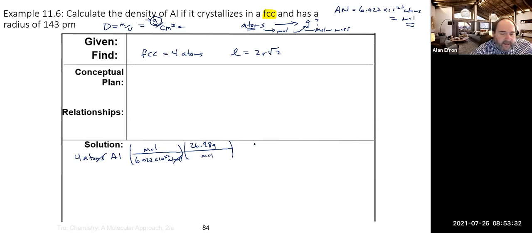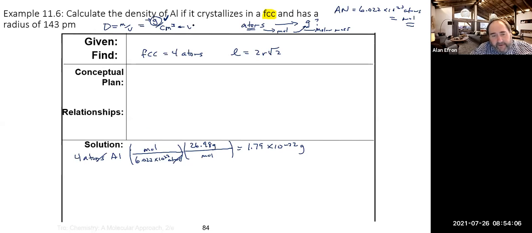If I do all that calculation, we end up with 4 times 26.98 divided by 6.022 times 10 to the 23. That's going to give us 1.79 times 10 to the minus 22 grams. So based on it being face-centered, I've now figured out the grams part. Any questions on that part of the calculation?